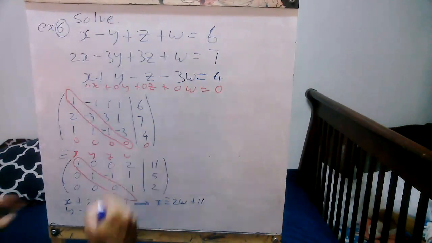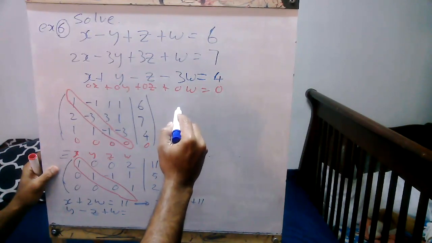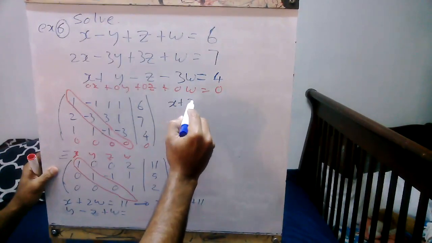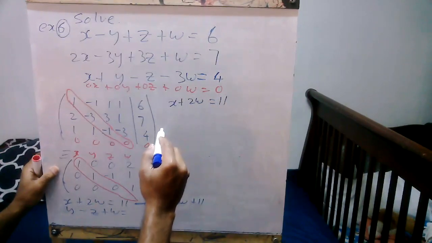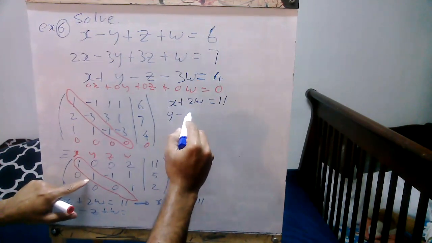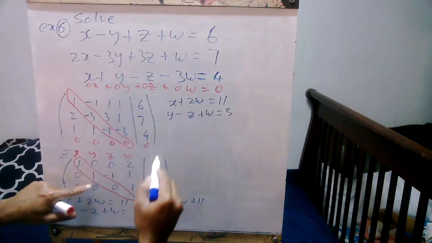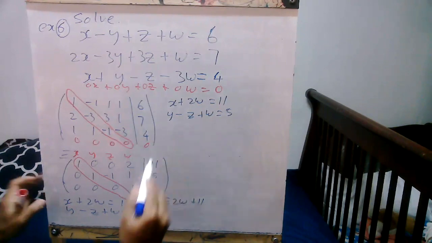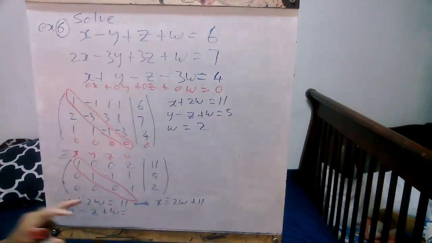Okay, let me write it here, I don't have space here. x plus 2w equal to 11, y minus z plus w equal to 5. This one gives us w equal to 2. What's missing?